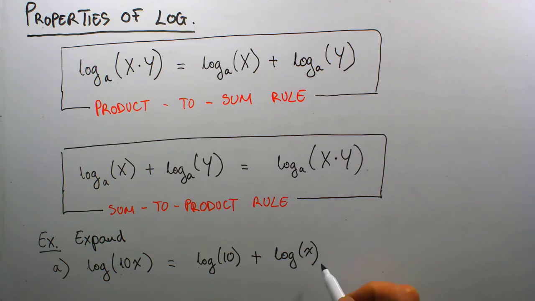And so now the first term, according to our understanding at this point, log base 10 of 10 equals 1. The next one here is log of x. We have expanded and we have simplified it a little bit. And that's what it meant by expand. So we started out from an expression that has a product inside a log, and then now, taking the logarithm of a product as an expression right here, we're looking at two separate log terms.